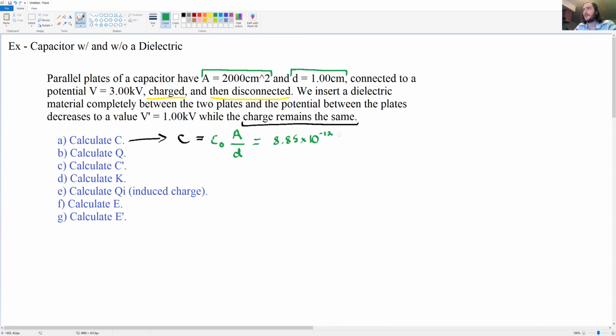These are alternate units for epsilon naught; you can always write epsilon naught as farads per meter. Of course, times the area, which is 2,000 centimeters squared, and then we need to divide that by 1 centimeter.